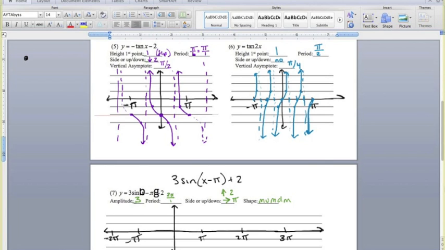I'm going to take care of shifting first. So I'm going to go up 2 spots, and that makes a new middle line. And I'm going to go to the right a pi, and that creates a new starting line. Then sine begins in the middle, so that is right where that middle line meets the starting line.